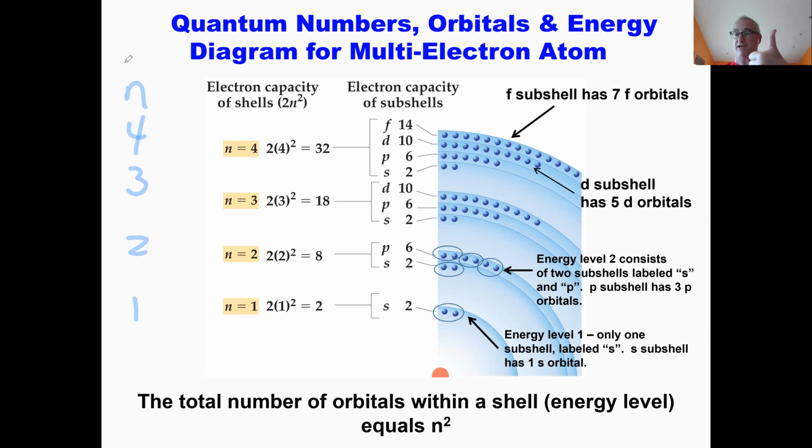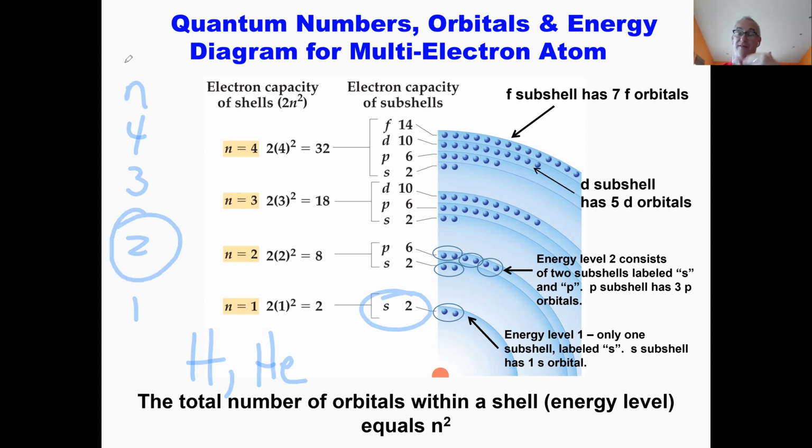So the first shell, 1, only has one subshell, S. That's the only one, so once you have your 2 electrons in that shell, you're done, and you move to the next shell. This particular shell would be hydrogen and helium. Hydrogen has 1 electron, helium has 2. That's it. Then we move to N equals 2.